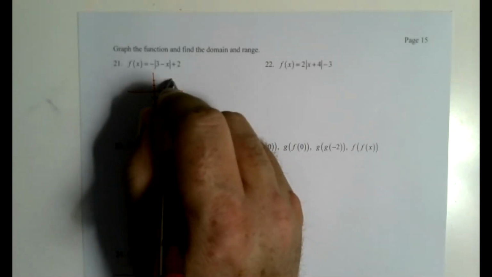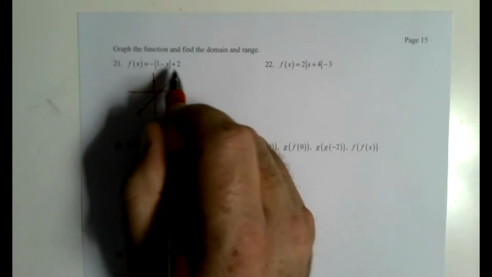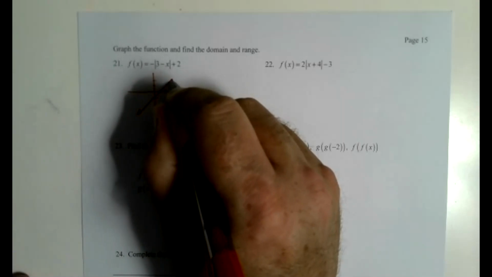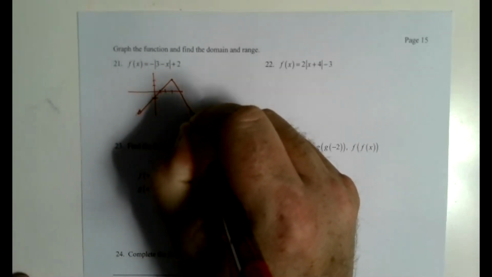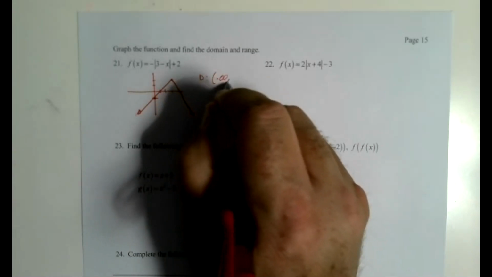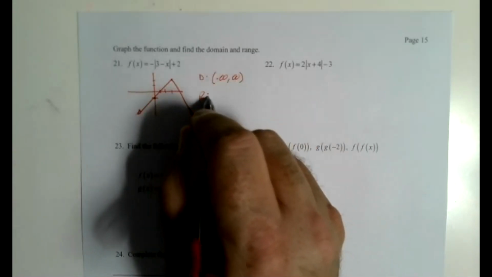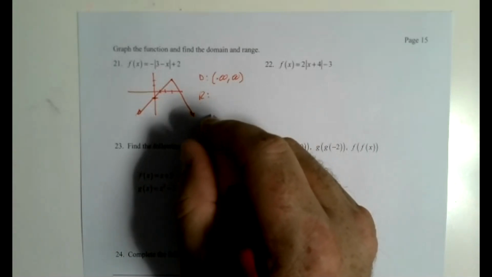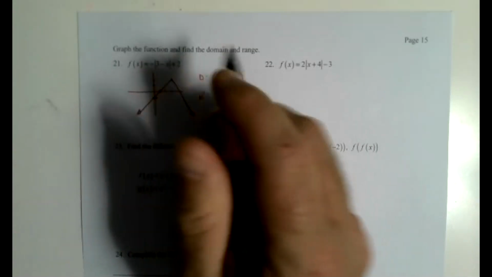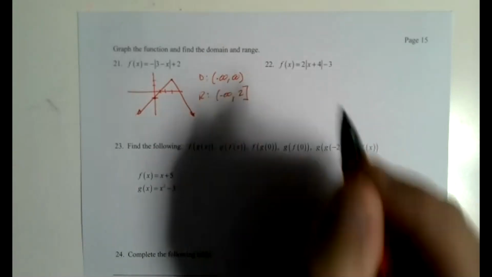All right, and it goes that way. And then once you plug in something bigger, the absolute value kills it, and it's on its way down. It's a negative slope. Cool. So domain, -infinity to infinity. Range, -infinity to, plug in 3, as high as 2 inclusive.